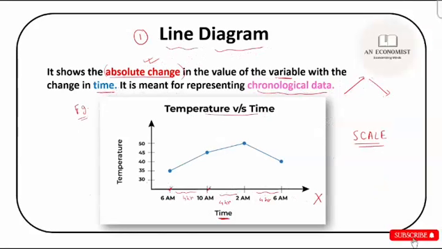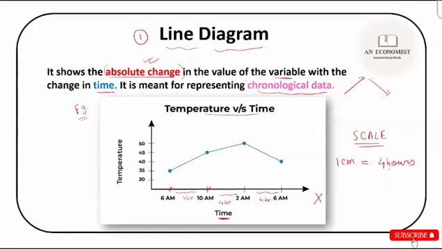This is not 1 centimeter, it is not according to scale, but suppose you want to draw it on your copy. You write 1 centimeter, or any unit you want to use, suppose 1 inch, that will also do. So 1 centimeter here represents 4 hours of time. This is the scale according to which we are drawing this graph.